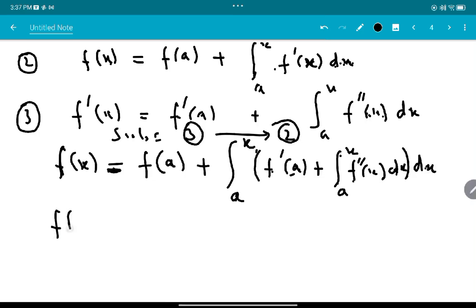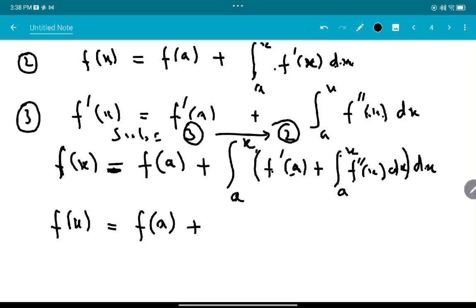Going for the integration itself, I have f x is equal to f a plus integral a to x f dash a. Now you know that f dash a is a constant, because f dash is a derivative, but evaluated at a point that is called point a. So when you evaluate it at point a, it now is a constant. Had it been f dash x, then it would have been a variable. But it's not f dash x, it's f dash a.